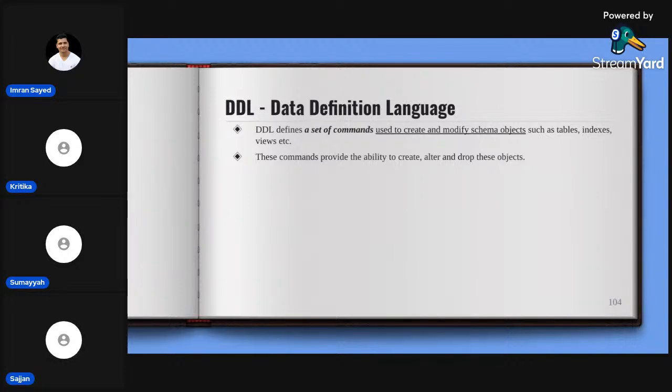Create table, then table name, and then the list of attributes, in round brackets. Then column name, data type, column width, and constraint.